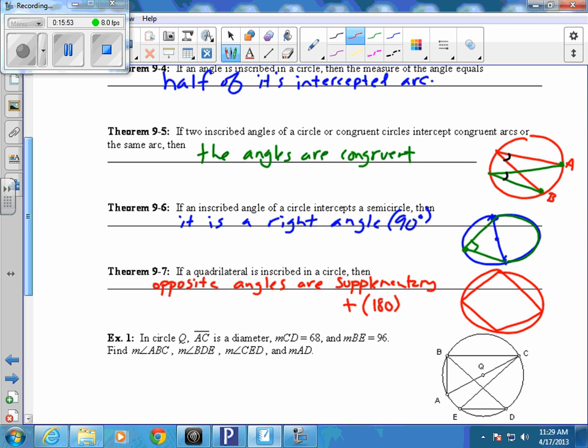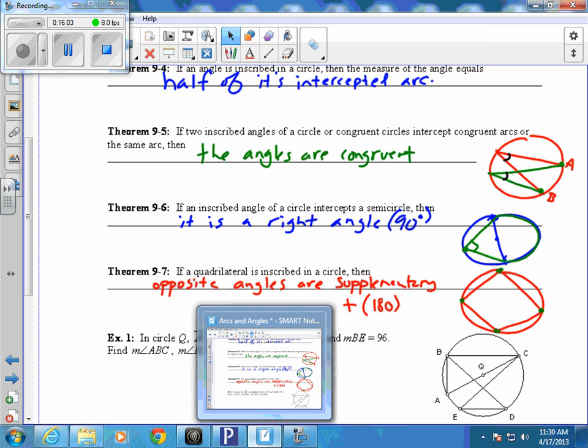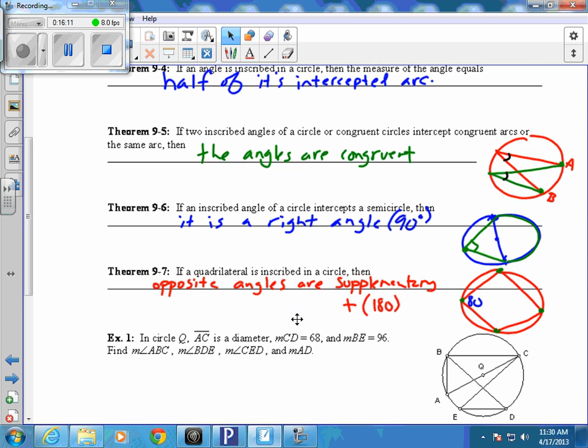Any four-sided shape that's inscribed, so every vertex is on the circle for this quadrilateral. Opposite angles are supplementary. So if this is 80 degrees, this would be 100. Okay? Opposite angles would be supplementary.